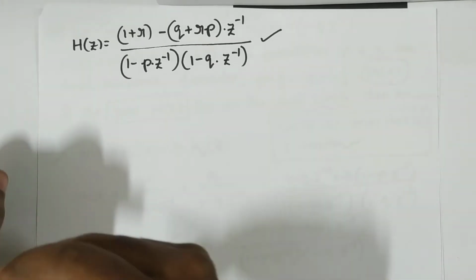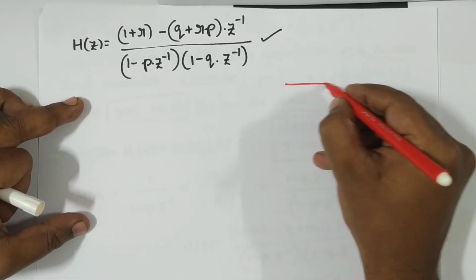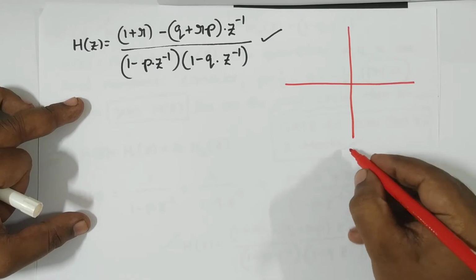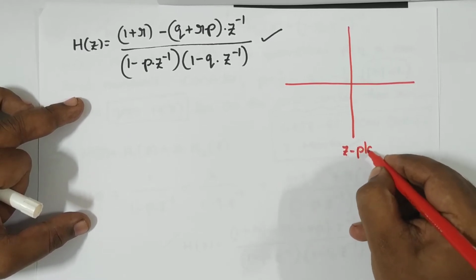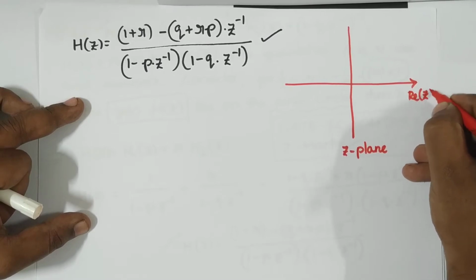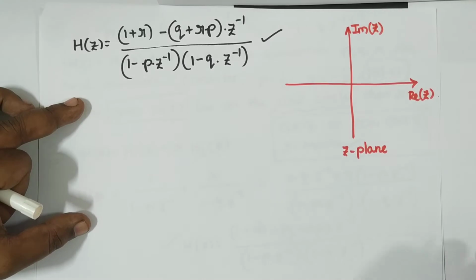Let me take my z plane. This z is a complex variable, so it is a complex plane. So I have the real part of z and the imaginary part of z.